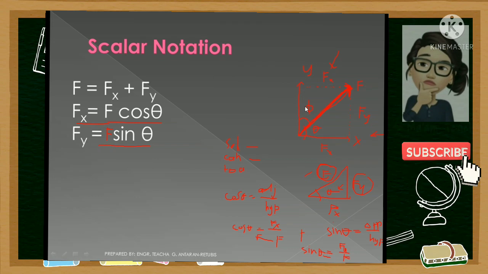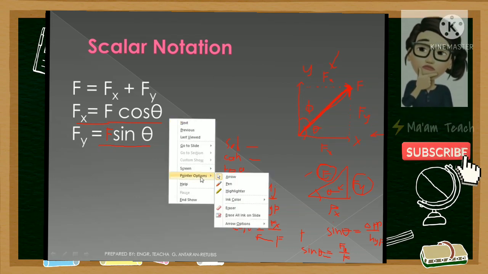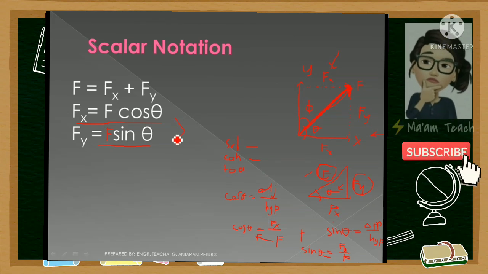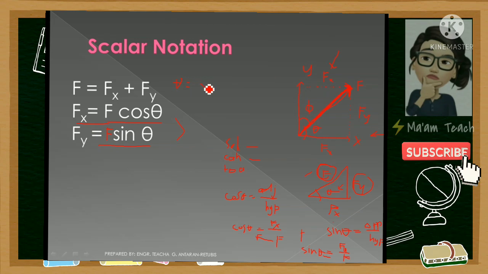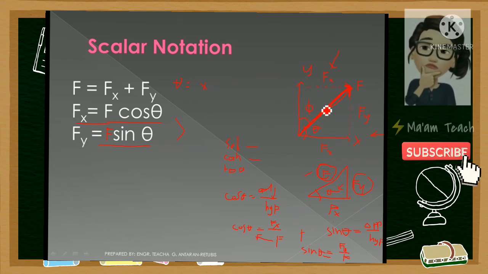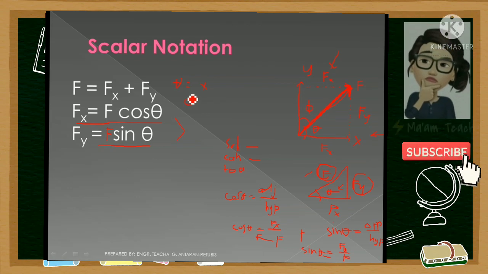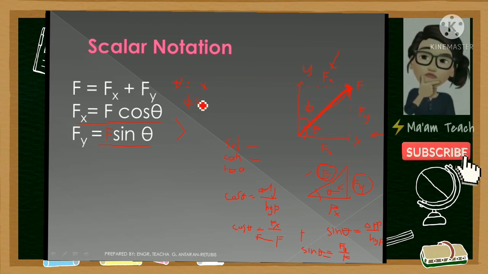I have said earlier that in this formula here, we have used the theta. Again, this theta is the angle with respect to x axis. We have another angle here, which is angle phi. But class, there are problems that don't use angle phi.